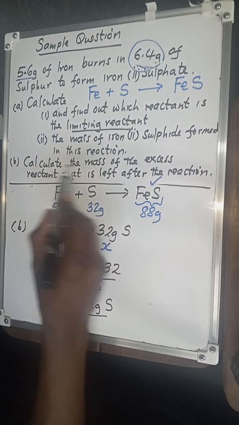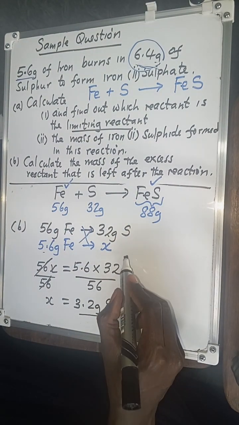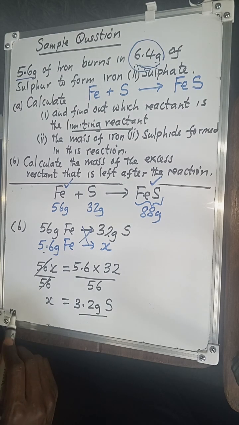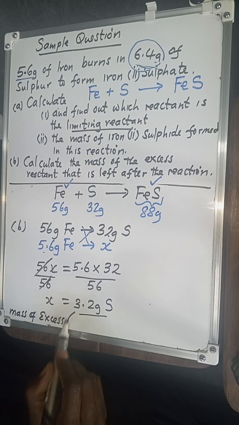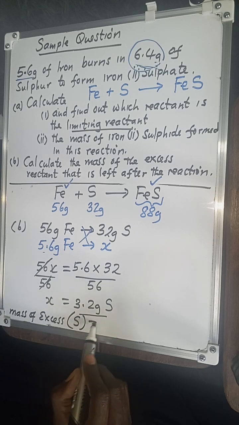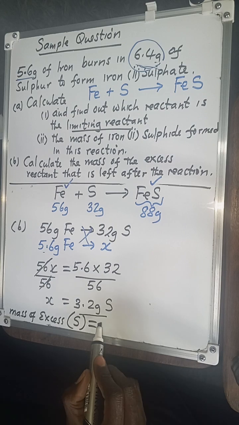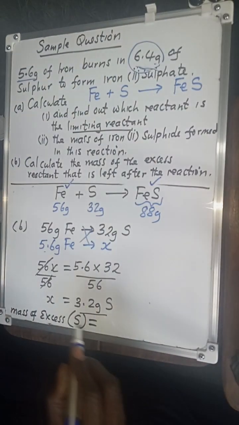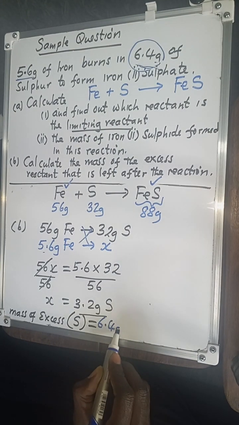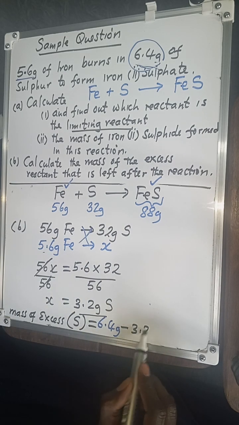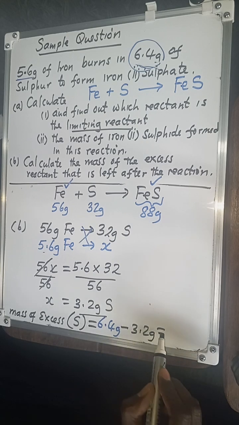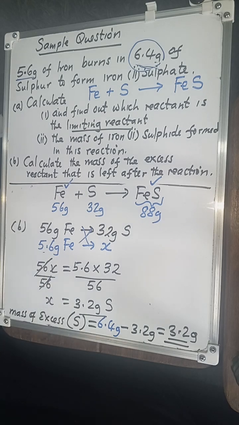The question was to calculate the mass of the excess reactant, which in this case is sulfur. The total mass of sulfur that they had was 6.4 grams, but I only need to use 3.2 grams. If you subtract that, you still remain with 3.2 grams. That was the mass that was in excess. So that's the way you can calculate that.